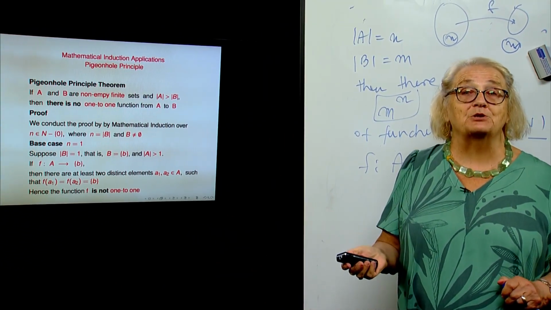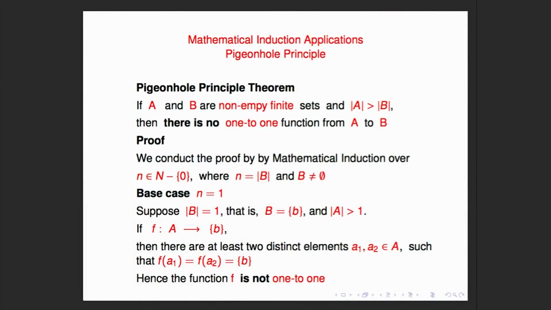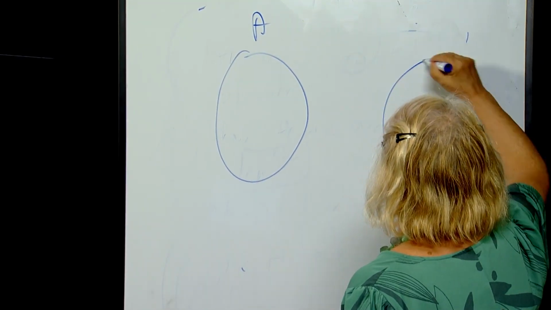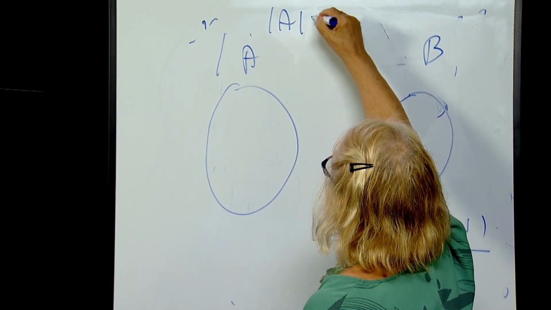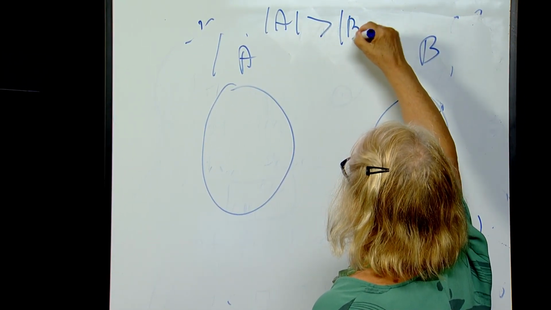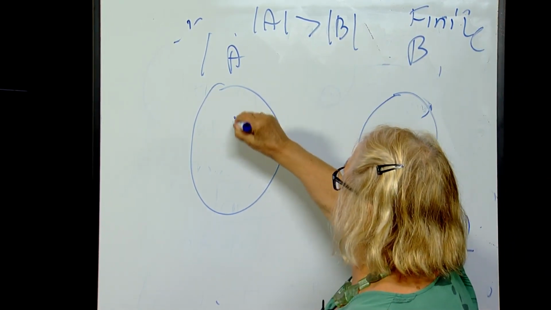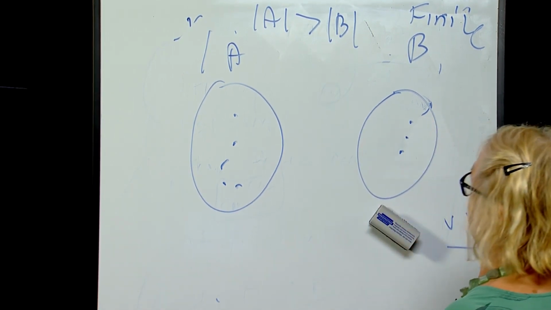And then there is the pigeonhole principle. Pigeonhole principle, as everybody knows, right? If you have two finite sets A and B, and the cardinality of A is greater than the cardinality of B, it means that you have some finite elements and you have fewer elements here.